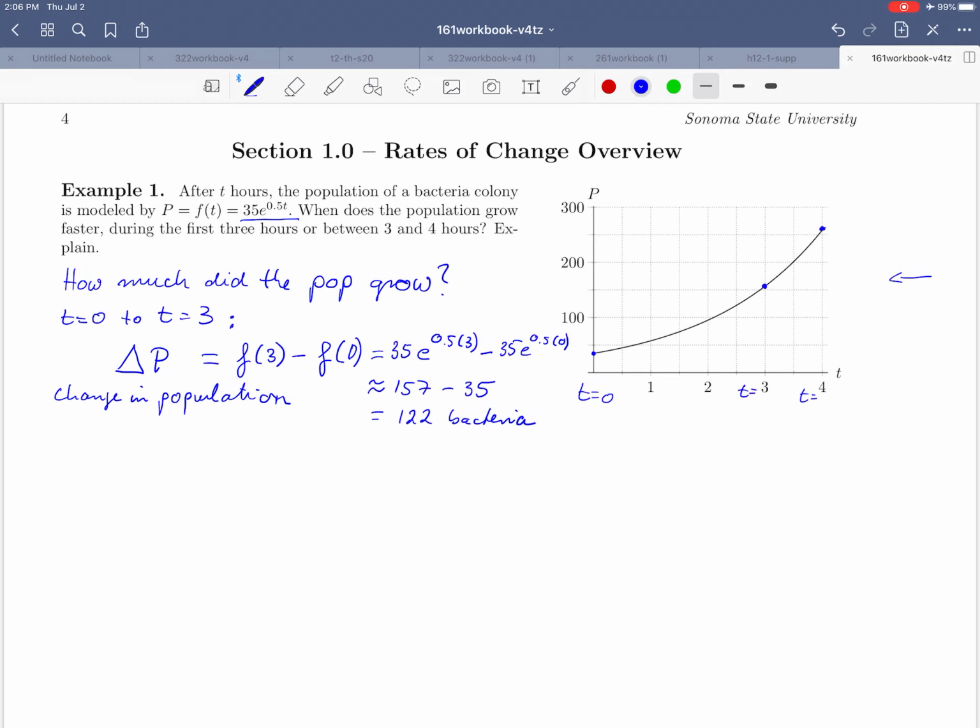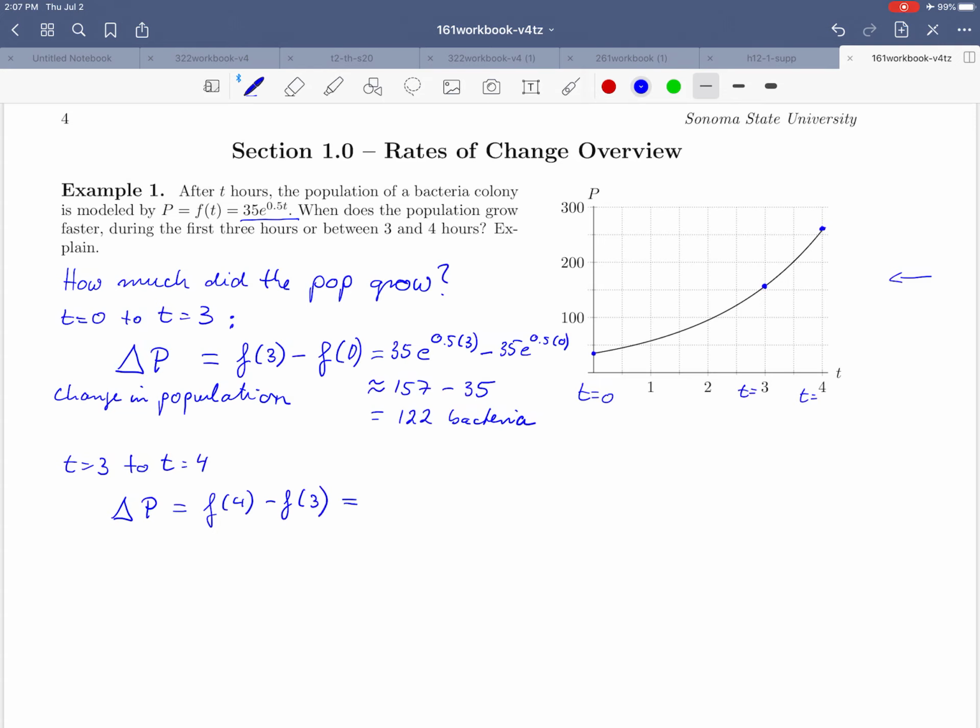What about during the second time interval? During the second time interval from t equals 3 to t equals 4, we can also compute our change in population, and that is similarly f of 4 minus f of 3.